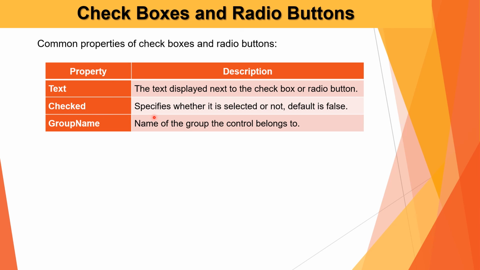The Checked property specifies whether it is selected or not, and the default is false. And the GroupName property is the name of the group the control belongs to. So that is all with the common properties of checkboxes and radio buttons. Both are similar.